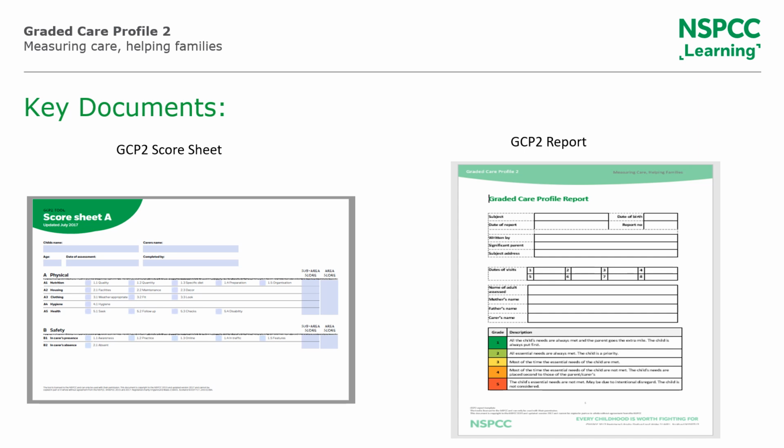There's a blank scoring sheet that you can use when you're completing a GCP2 assessment with a family. And there's also the blank reporting template, because alongside your scoring, you will need to create a report that talks about the scores that you've given, the reason why you've given those scores, and also any factors that are complicating things or supporting the family at this time.